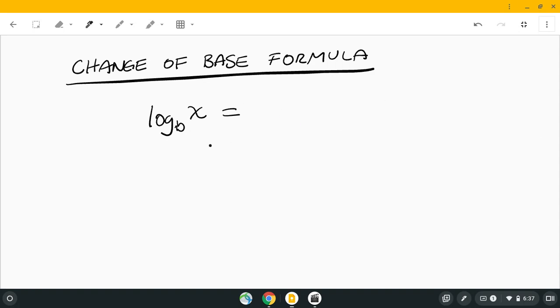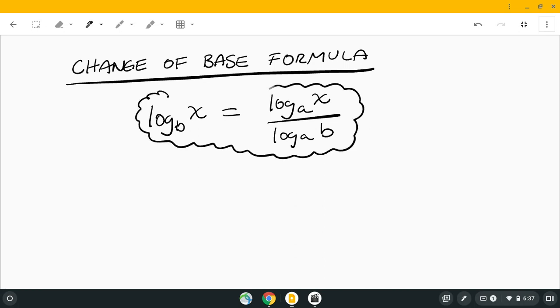You would rewrite this problem as the log, any base you want, of x over the log, any base you want, of b. Okay, so this is the change of base formula. So if you have to punch in log base 2 of 5 on your calculator, you don't have a base 2, so you would use this formula.